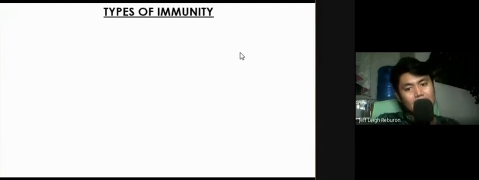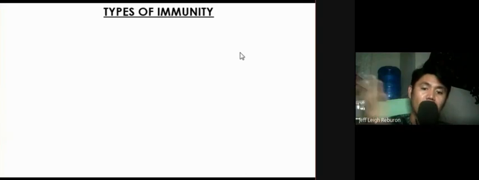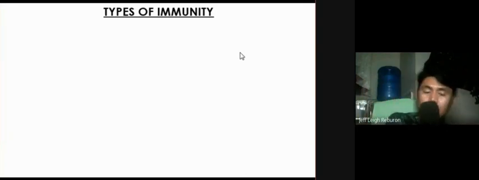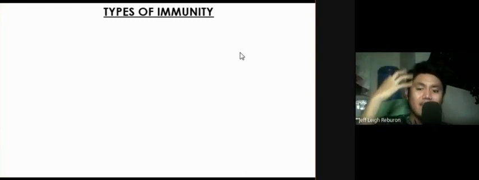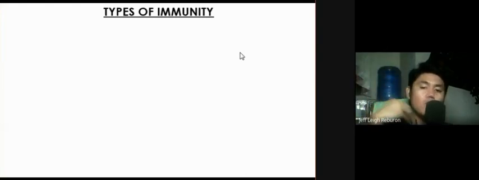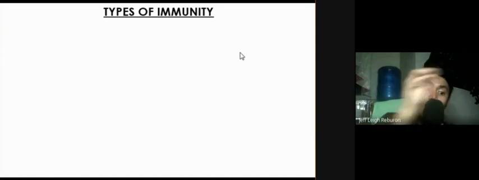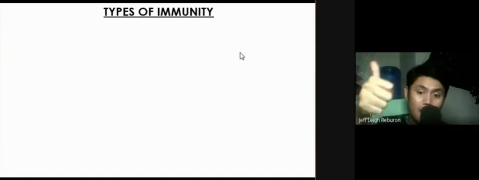Alright. Next, meron tayong tinatawag na types of immunity. Pero bago natin po pag-usapan yung types of immunity, alamin po muna natin ang tinatawag natin na antigen versus antibody. Okay. Pag sinabi po nating antibody, ito po yung good guys. These are the immunoglobulins that are present in our body that prevent or protect us from infection. Antibody, okay? Short for anti-foreign body. Nagets po ba?